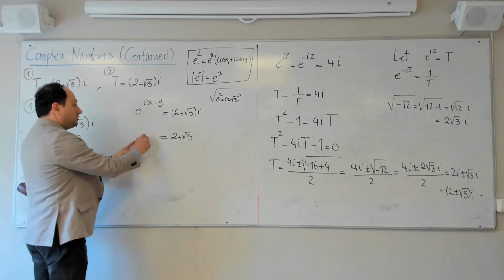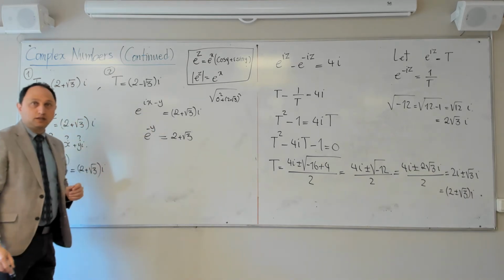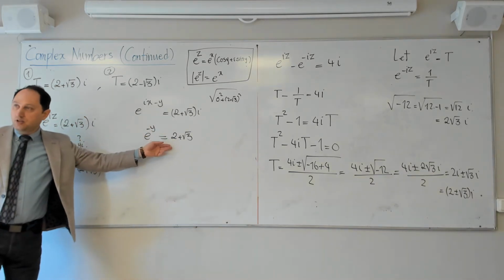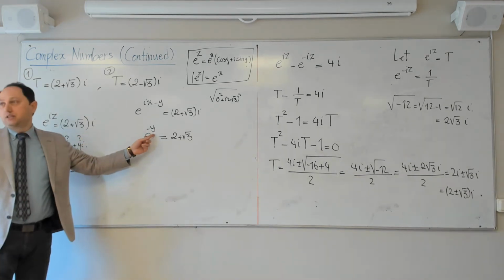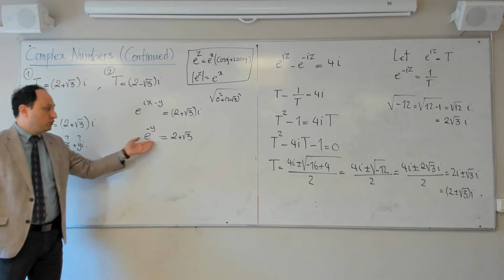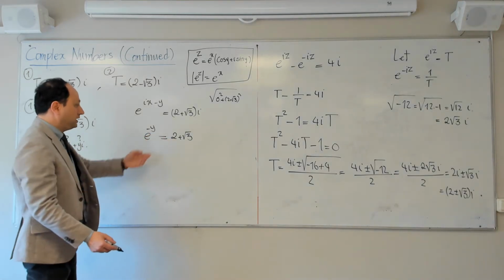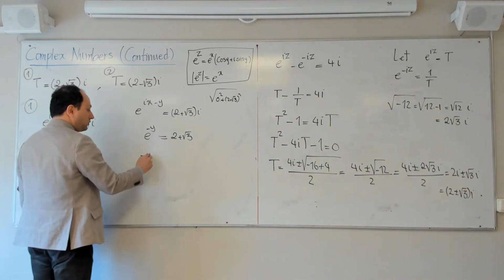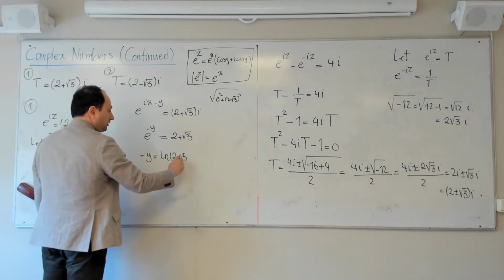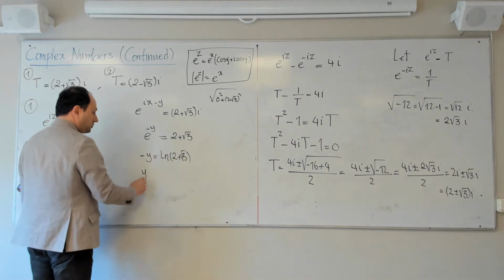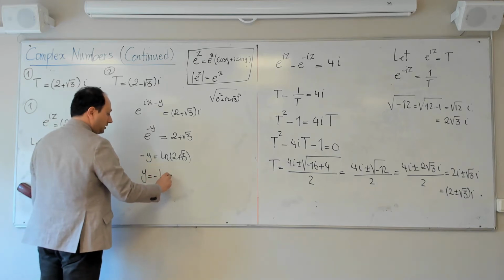So this becomes e to power minus y. But now, can I use ln for solving this? The answer is yes, because y is a real number now. So I can use ln because I am working with real numbers now. So minus y becomes ln of this number. But I am looking for y, so y becomes minus ln of that number.